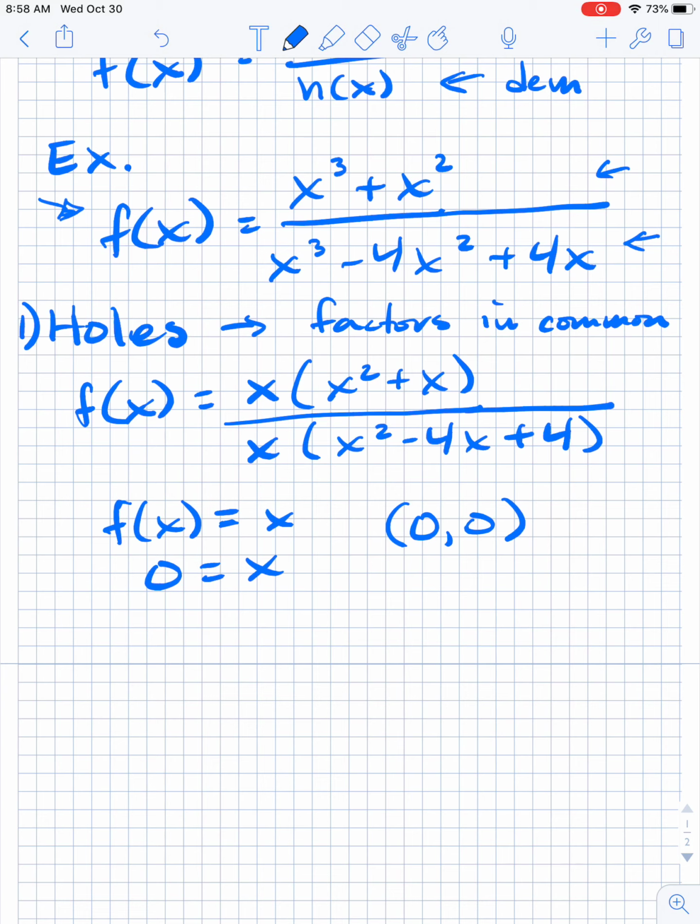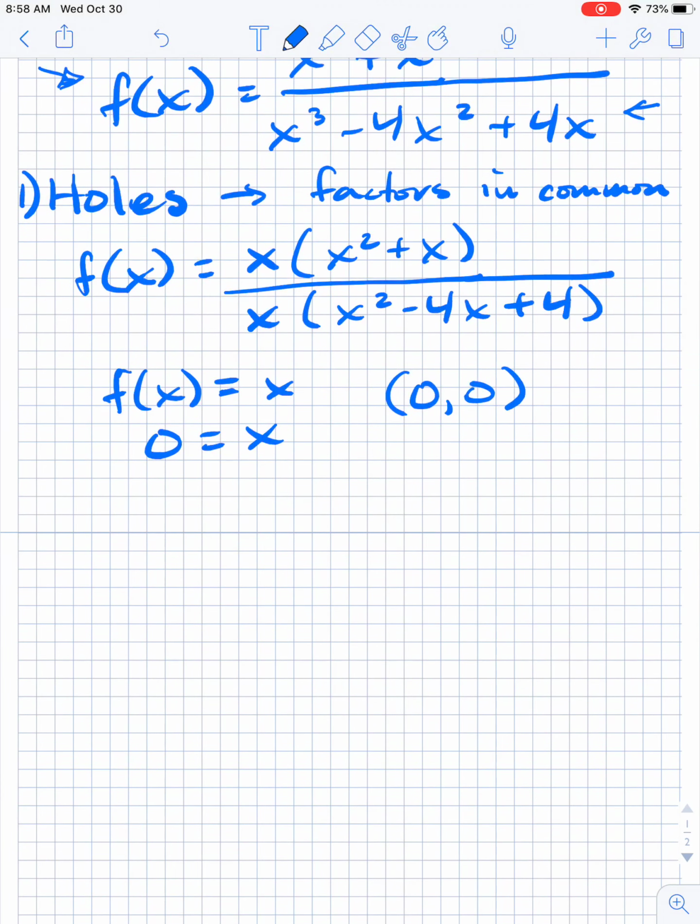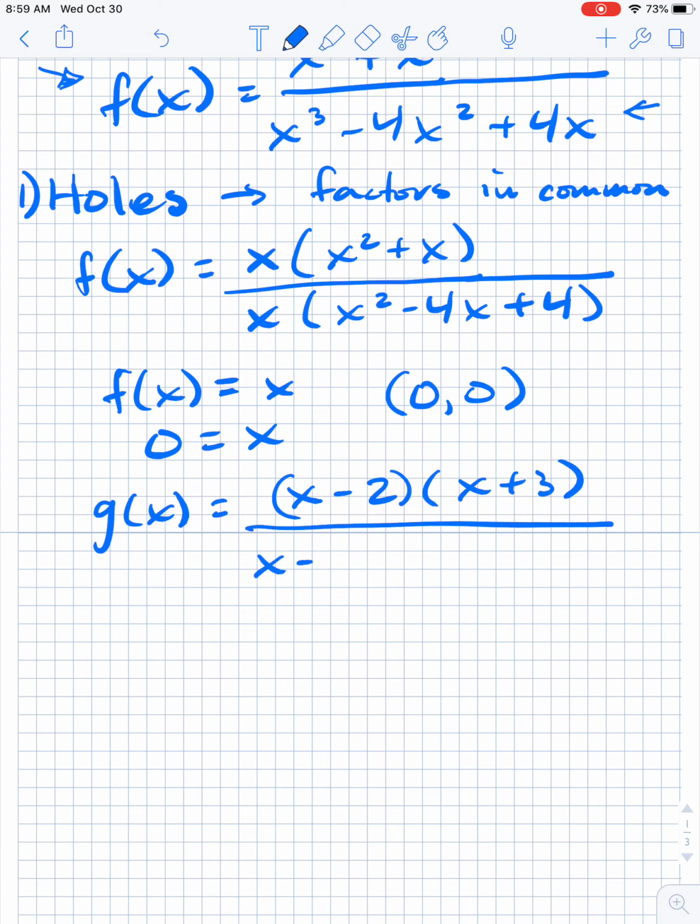You could have more than one hole. If you had a function, for example, let's call this g of x. If you had a function where you were able to factor out, let's say, x minus 2 from both the top and the bottom, and let's say that this was x plus 3, and then on the bottom you also had x minus 2 factored out, and we'll make this something else.